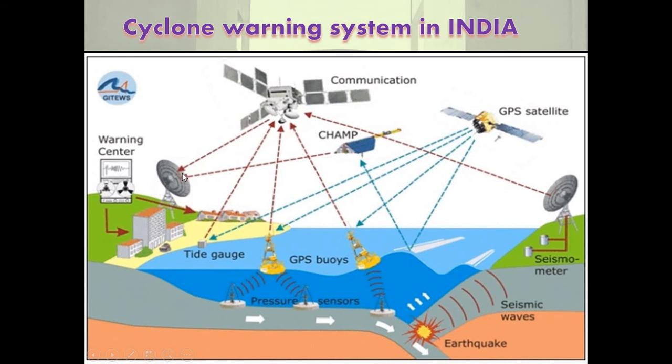The satellite gives the record to the warning center. This is a warning center. This record is sent to the center, then to the warning center. This is a GPS satellite. GPS satellite communications are interconnected with each other.